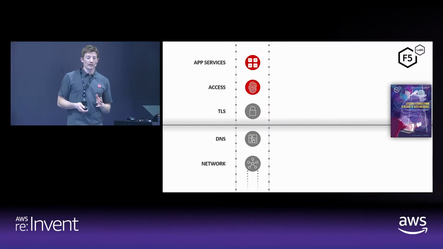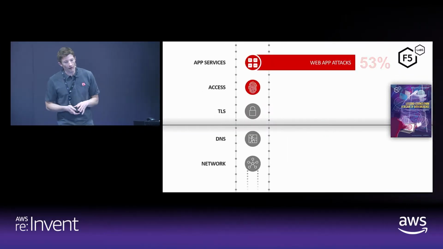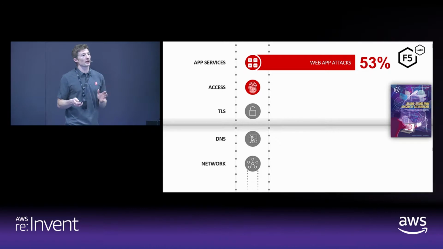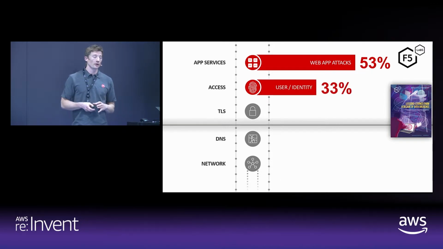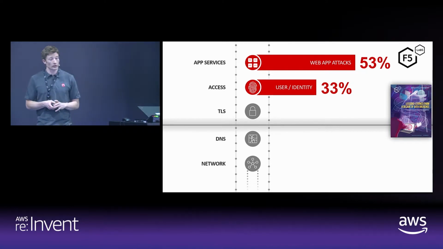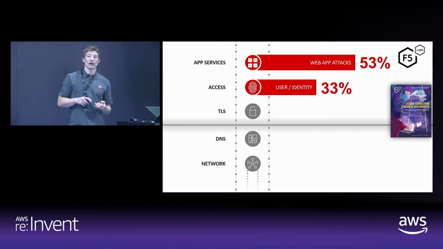But when we broke it down, what they ultimately found was that 53% of all of these breach cases they could trace back to initial attacks on the application services layer. So things like web servers, like code stacks like PHP and Java. And an additional 33% of those could be traced back to breaches in user and identity.